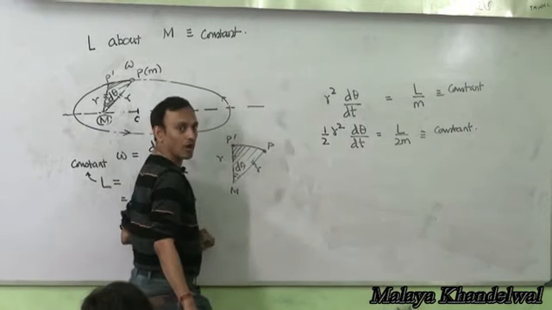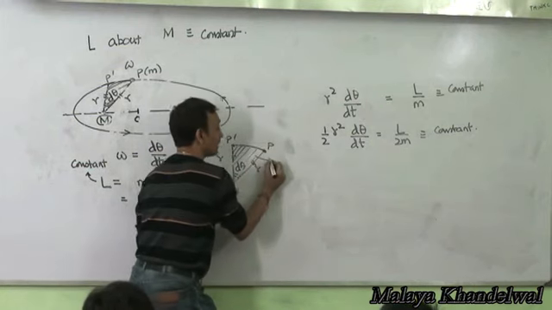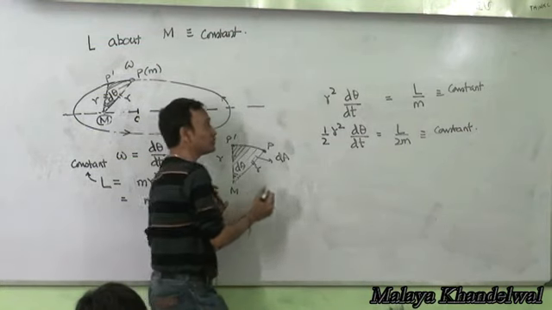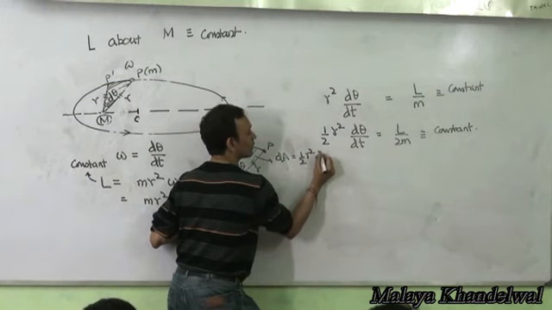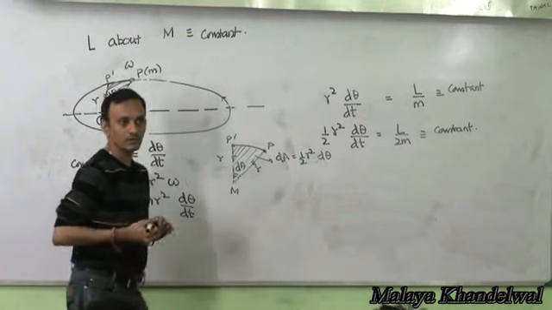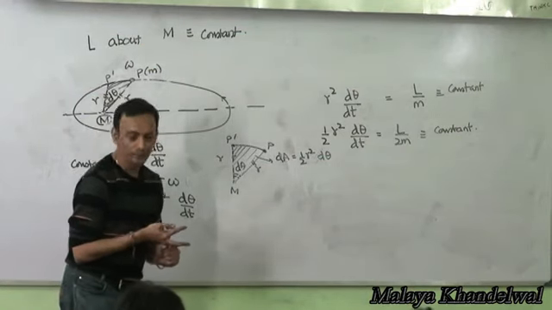You know that: half of R squared into the angle described at the center. That would be this area, dA, the area at the center. You understand this, right? That's the area of this sector, half of R squared into d theta.